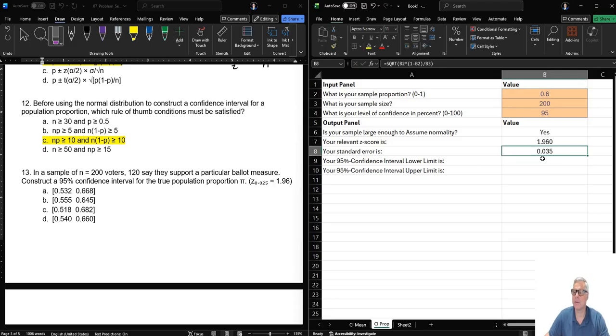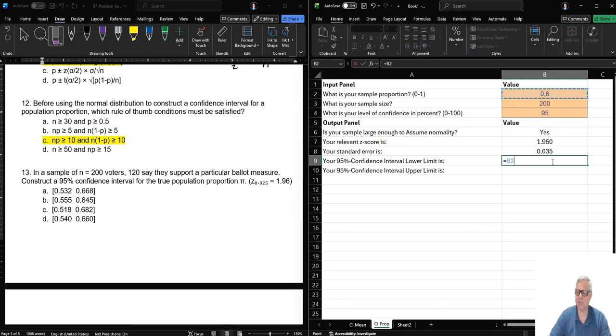And now we actually have a standard error of 3.5%.